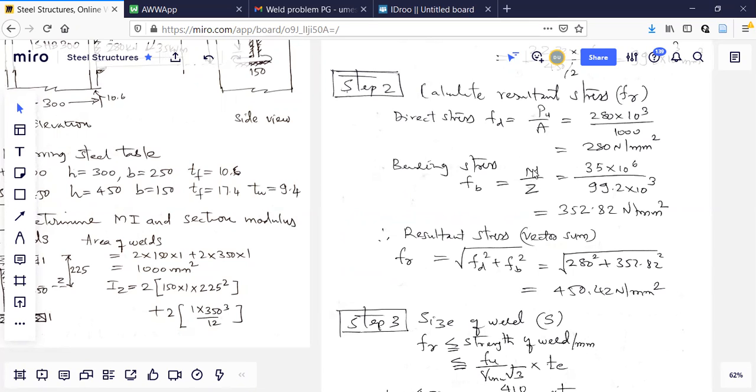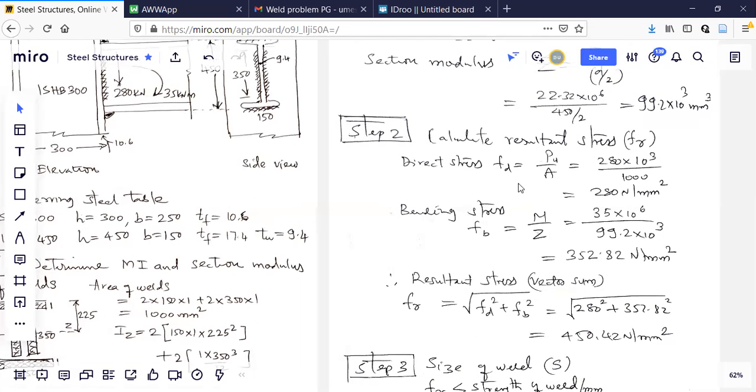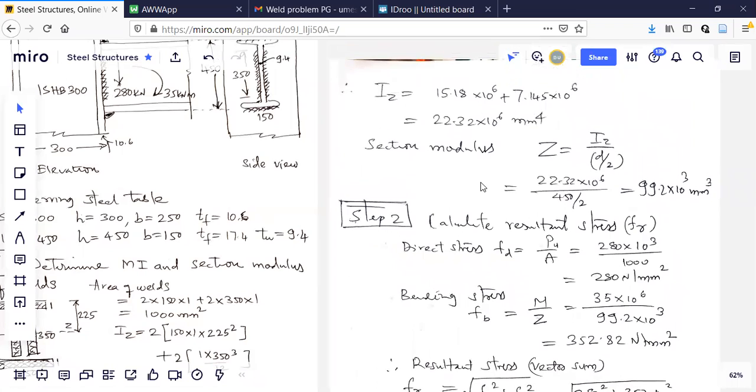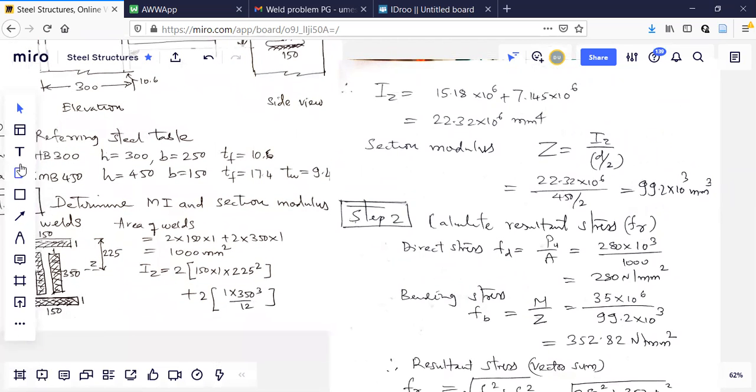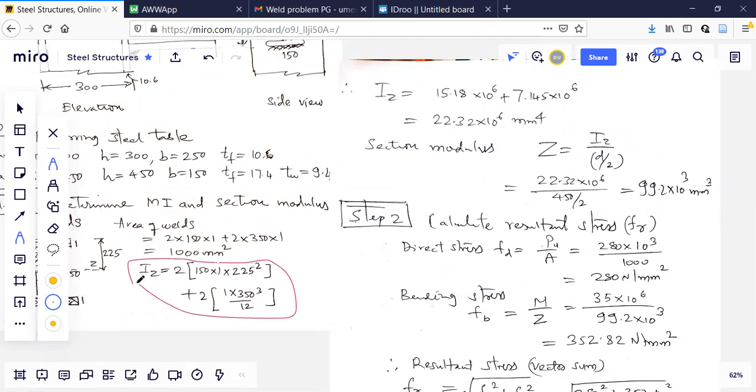The moment is given in the problem as 35 kilonewton meter, so multiply by 10 raised to 6 for that. Z, you can see this Z in step 1, that continuation. Iz, after substituting in whatever formula I told you here, you can see it is here. The value is working out to be 22.32 into 10 raised to 6.